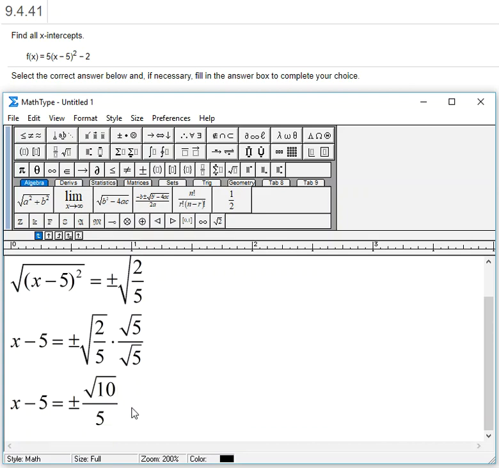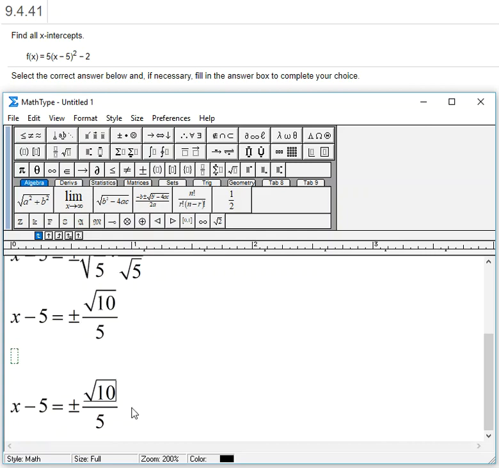Now we're going to add our 5 to both sides. Let me just copy it and paste it down in the next line so I can show my work. When I add 5 to both sides, the 5 is going to come over here as a positive 5. I don't need to write the positive.